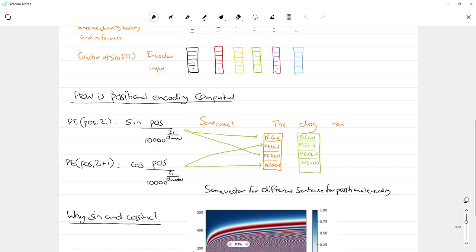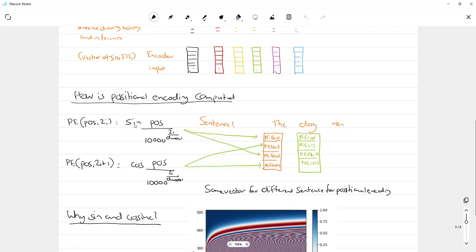We use both 2i and 2i plus 1, so i goes from 0 up to d_model divided by 2 minus 1. Now d_model is the embedding dimension. We've taken the embedding dimension to be 512 here, and then you also see this particular constant here. This is a fixed scaling factor chosen empirically.